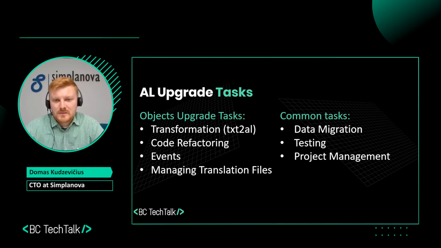Then the next bit is testing. Again, testing relates a bit to the amount of the code changes you have in your solution, but it also relates to the company's internal policies, because we tend to see 3 different types of partners which we work with.